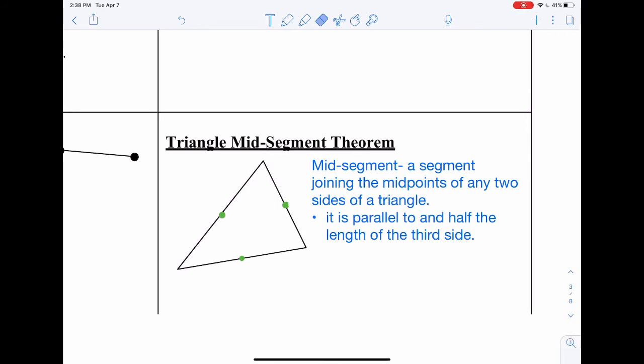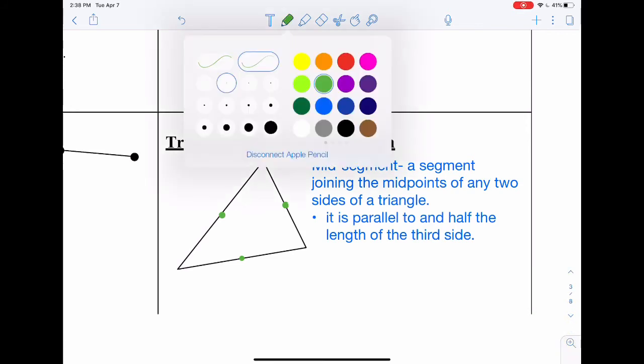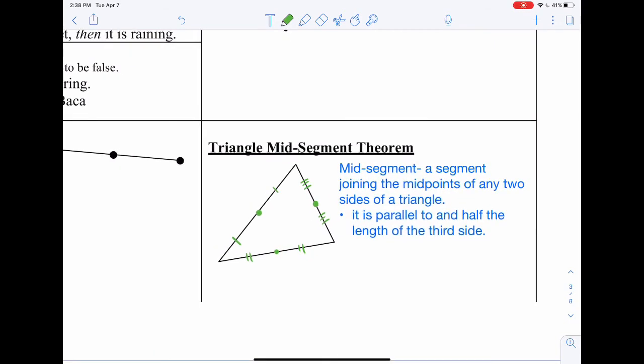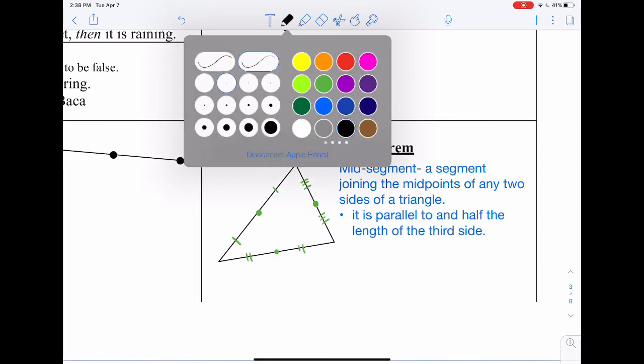Now we have our 3 midpoints. We're going to show that these are midpoints with tick marks. So since those 2 segments are congruent, that means that point is right at the center of that side. Now I'd like you to draw the segments connecting those points.